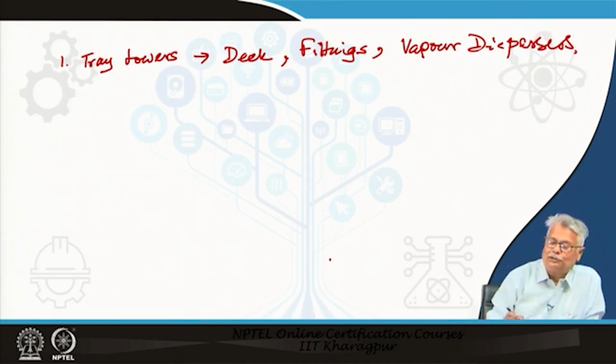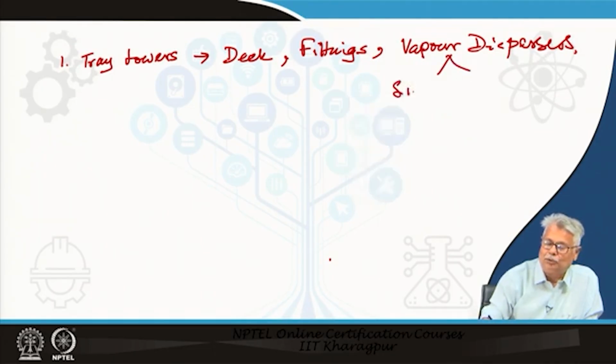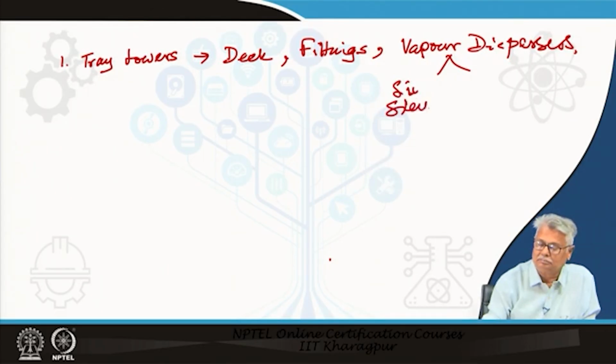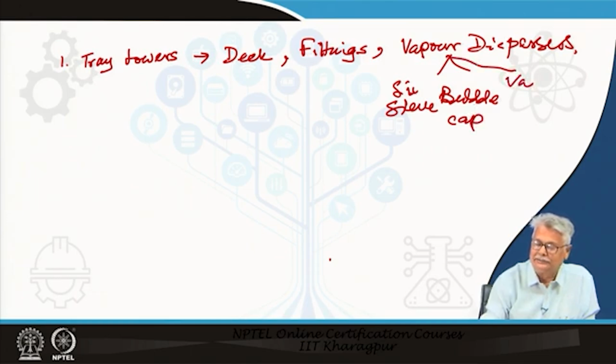Now, when we talk about the vapor dispersers, we have found that there are three types. One will be the simple holes, that means the sieve. Then you will have the bubble cap, and you also have the valve type.